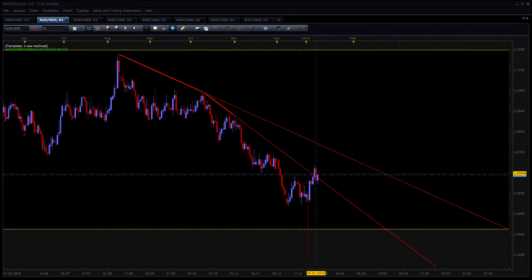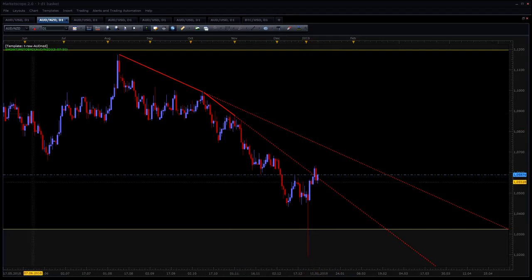Imagine that. It broke through, found support, still finding support, for two reasons. One, this is the support level that it's forming, a future support level, and the other one is the trend line, where it's also trying to find support.